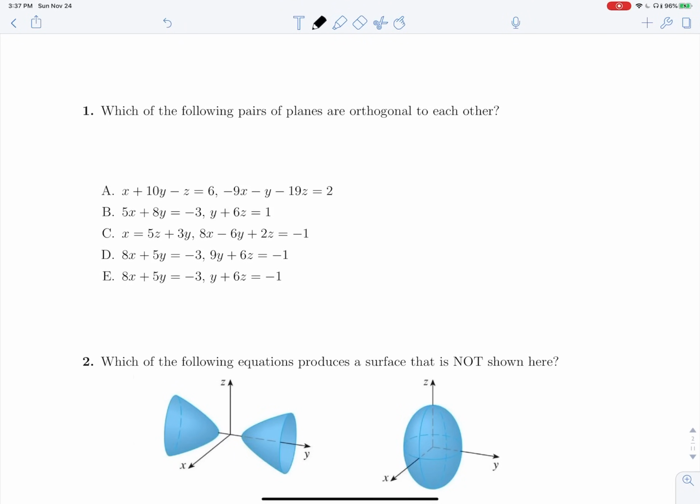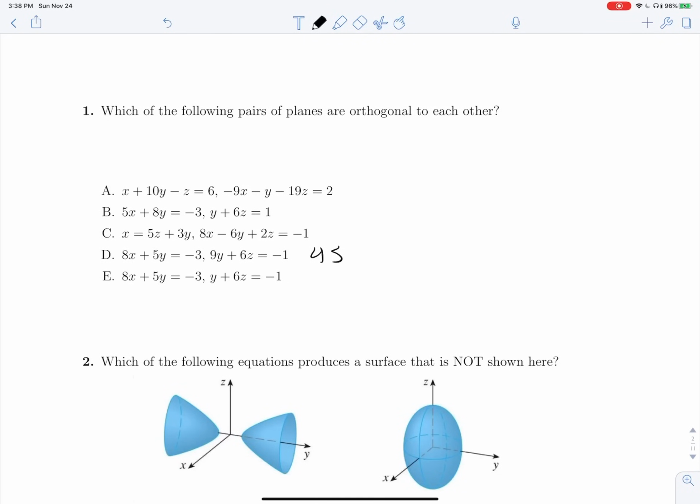So taking the dot product of 8, 5, 0 with 0, 3, 6, what are we going to get? Well, we're going to get 15, which is not 0. And moving up 1, if we take this dot product, we are going to get 45.